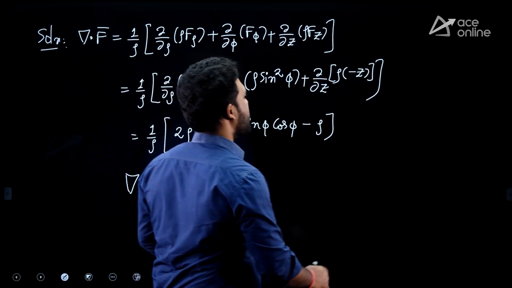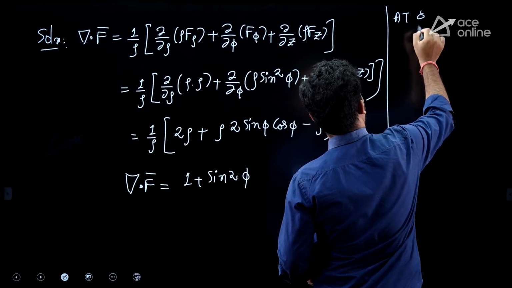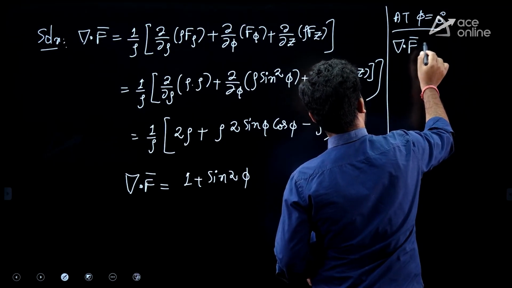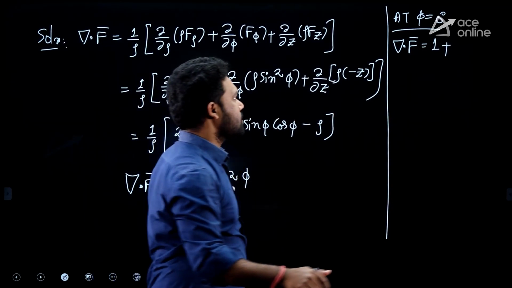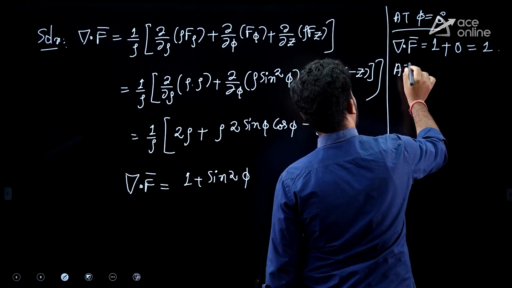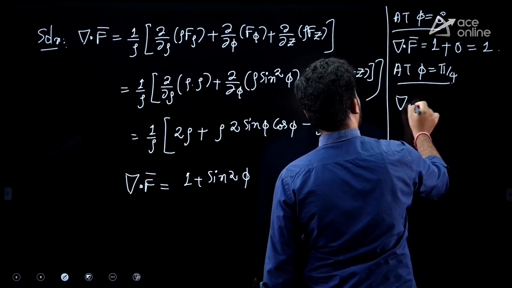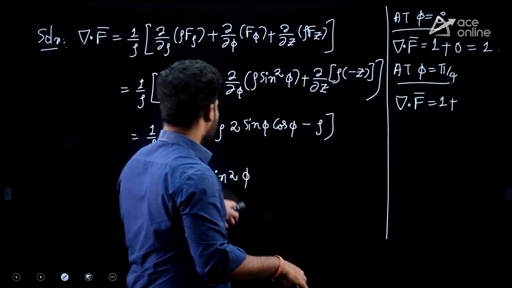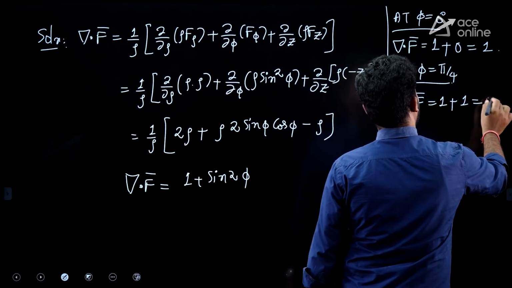It is asking at the three different points. At phi is equal to 0, divergence of f is equal to 1 plus sin of 0, sin of 0 is 0, which is 1. At phi is equal to pi by 4, divergence of f is equal to 1 plus sin pi by 2, which is 1, which is equal to 2.